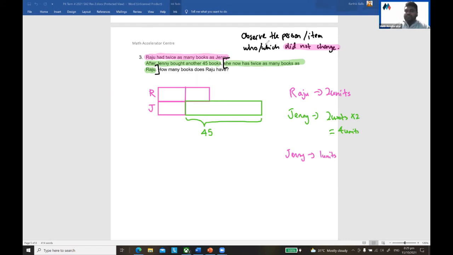So what you're going to do is to take 4 units minus the 1 unit. You will get 3 units. Okay, which means the 3 units is the 45. So write down 3 units, 45.